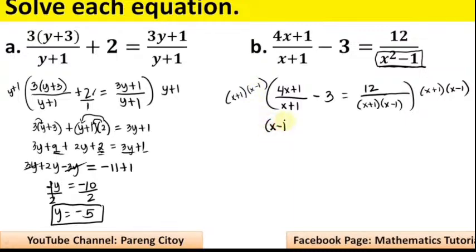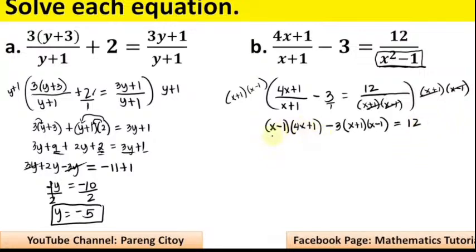X minus 1 times the value of the numerator, that is 4x plus 1, subtract, understood na may 1 dito, so we have 3 times the value of the denominator, that is x plus 1 times x minus 1 equals, ito ma-eliminate, so remaining is 12.